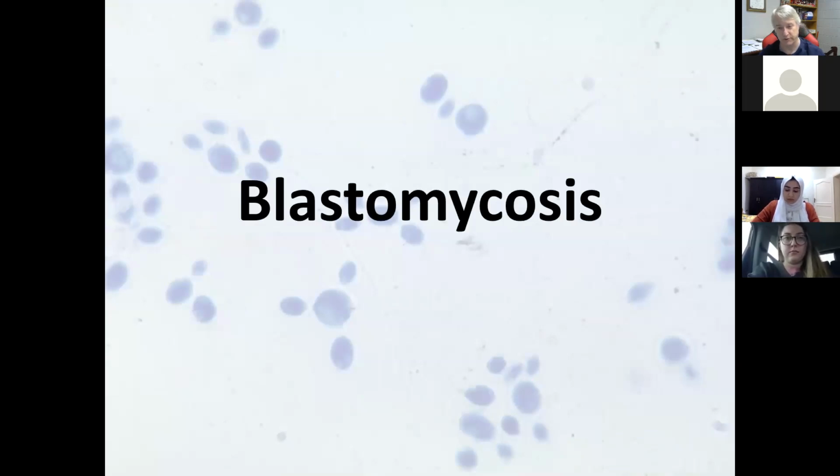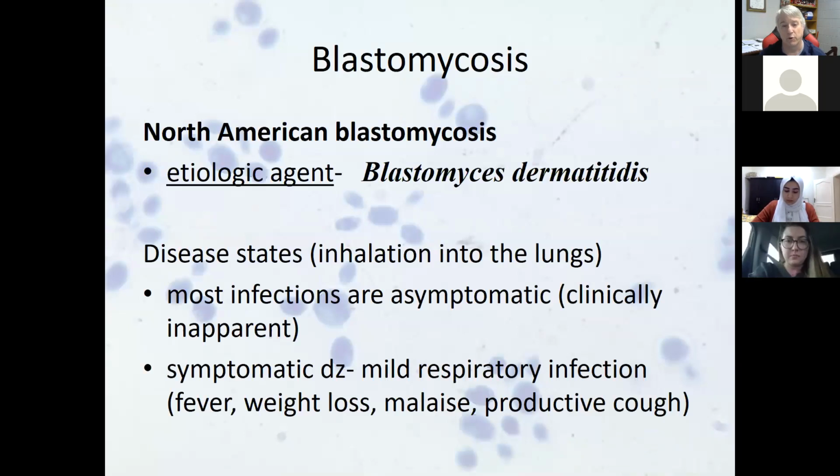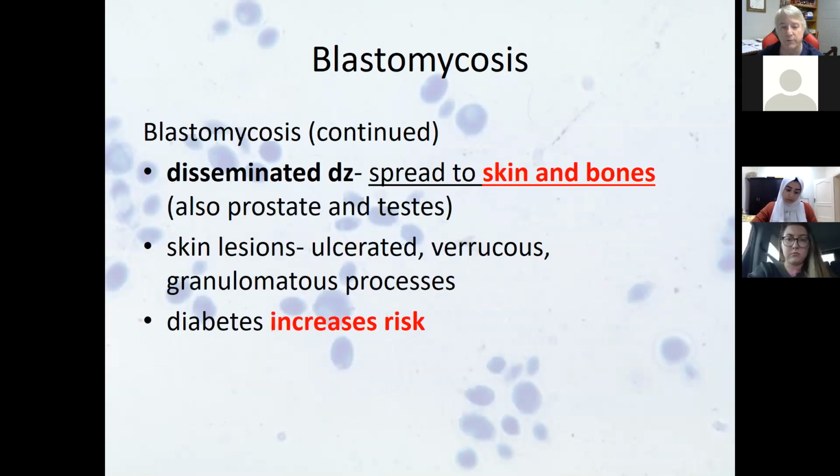Now to blastomycosis. North American blastomycosis, the etiological agent here is Blastomyces dermatitidis. Inhalation into the lungs. Most infections are asymptomatic. Symptomatic: mild respiratory infection, fever, weight loss, malaise, productive cough. It disseminates from the lungs, spreading to the skin and bones, also prostate and testes. So, guys, we would have to worry about that.